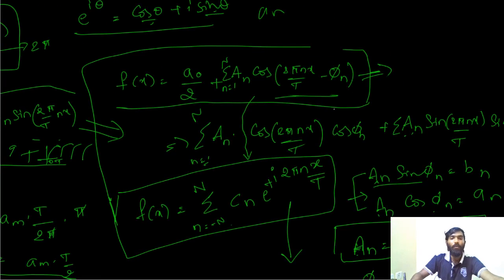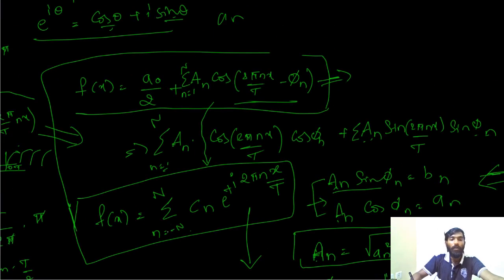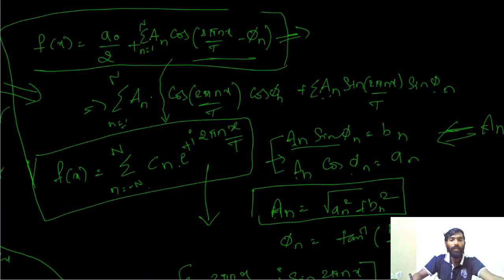Right, now it's important to understand that you can also express this, n equal to 1 to N, as a sum over n equal to minus N to N of cn into e power i theta.